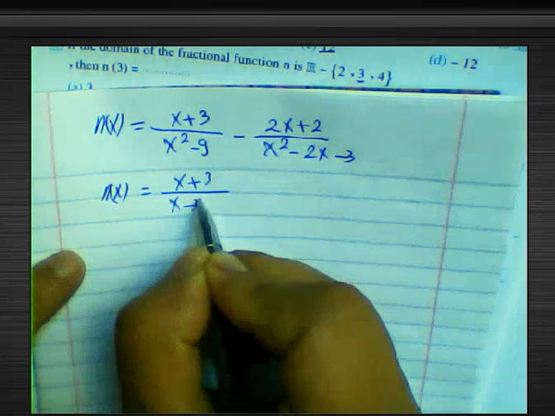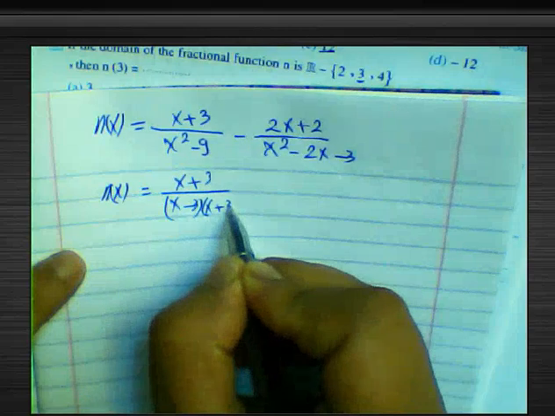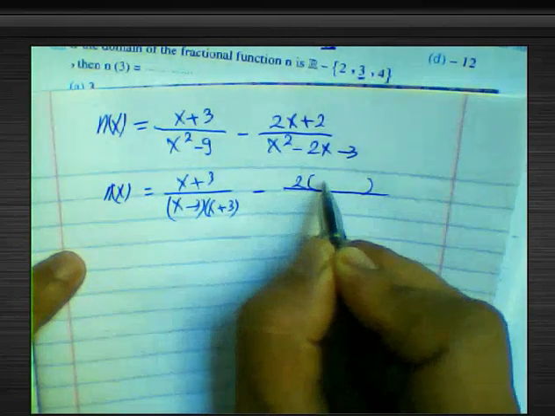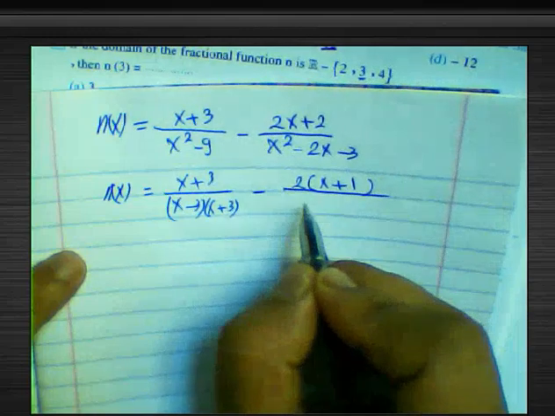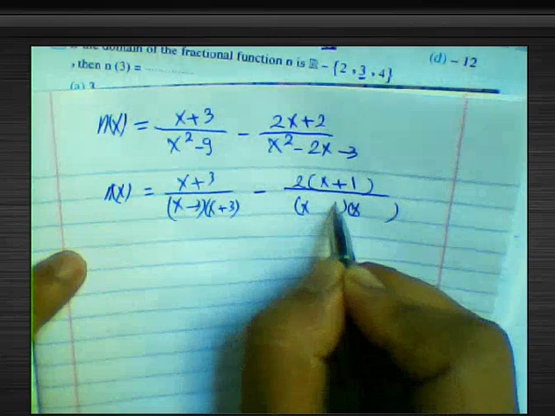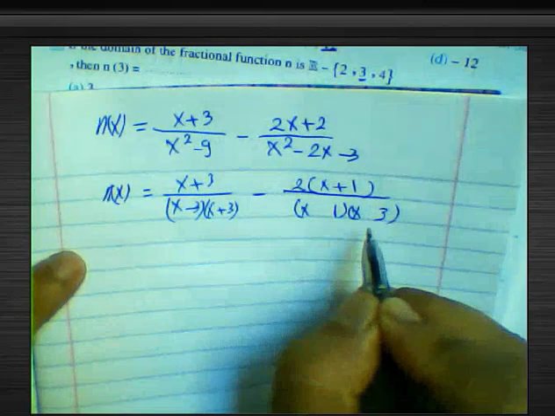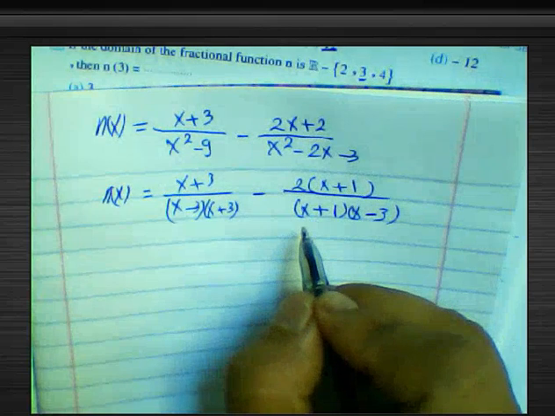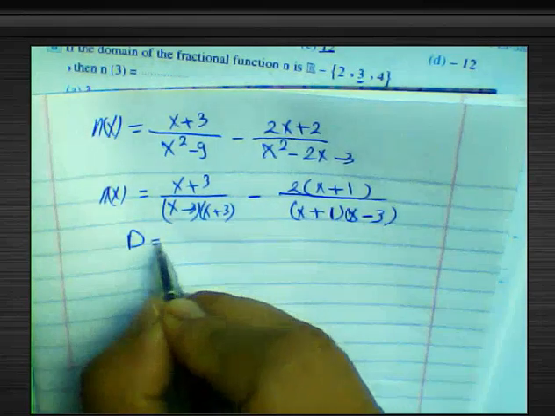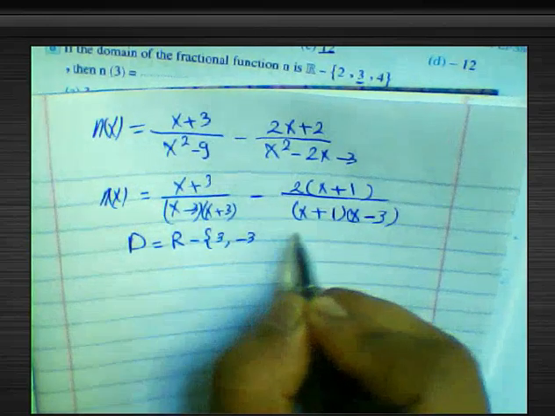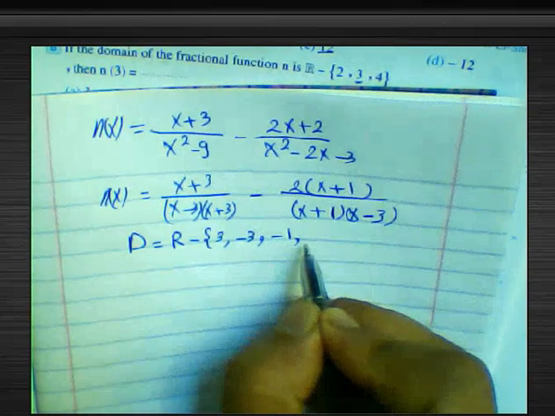Here x subtract 3 multiply x plus 3, and 2 multiply x plus 1 over, we can factorize it: x multiply x, 1 multiply 3 equals 3, the sign here will be negative and it will be positive. So the domain will be R, subtract 0, 3, -3 and -1 and 3.